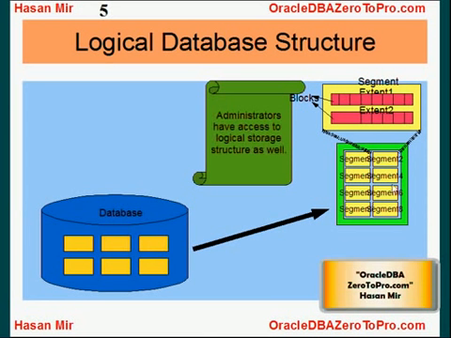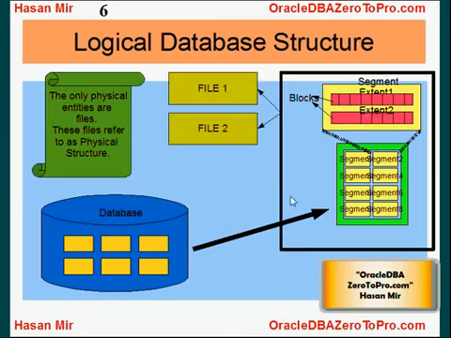Now, administrators have access to logical storage structure as well, so that they can manage database performance by tweaking extents and segments and other variables associated with these objects. Okay, now this is a very important picture here, because this will drive the point home.